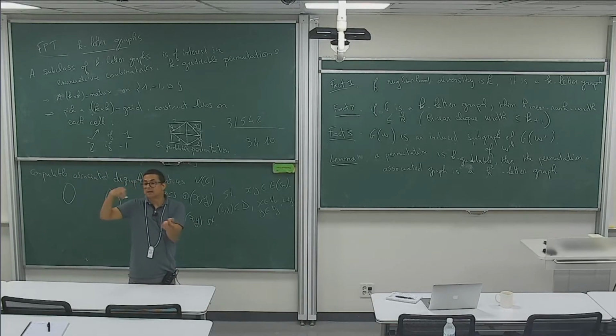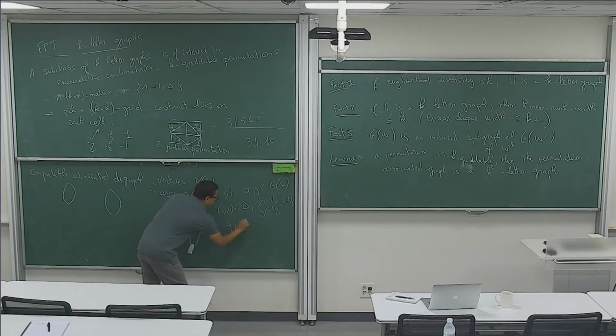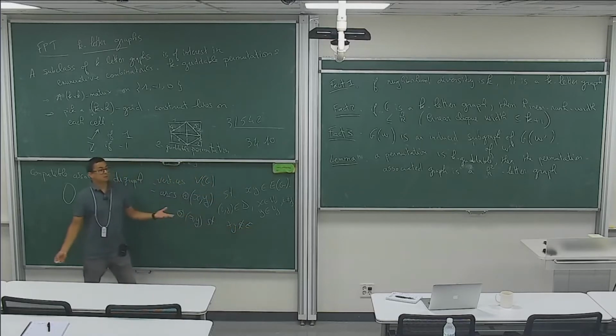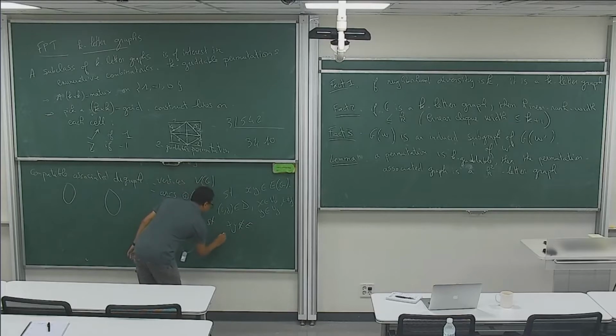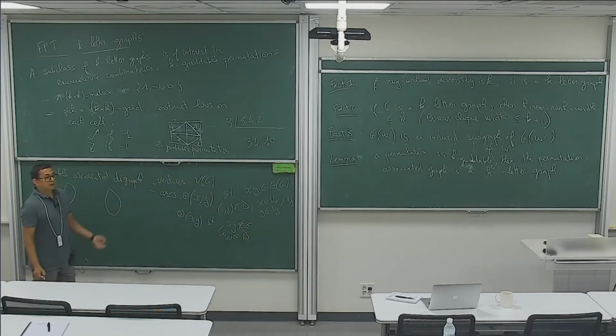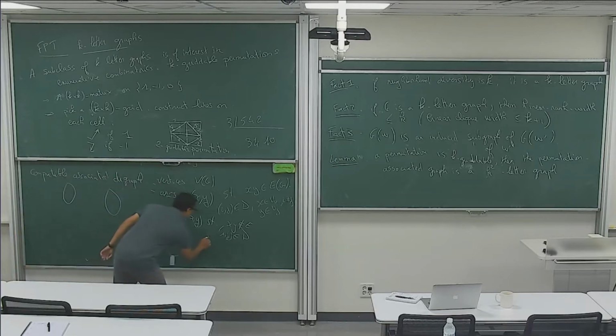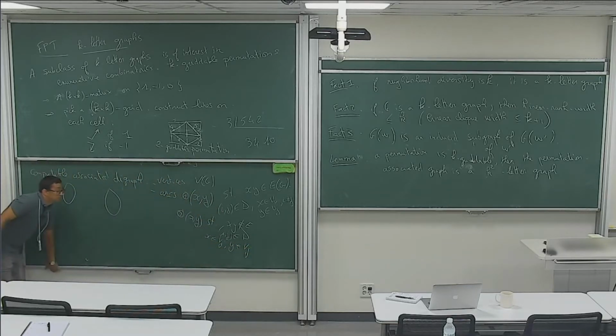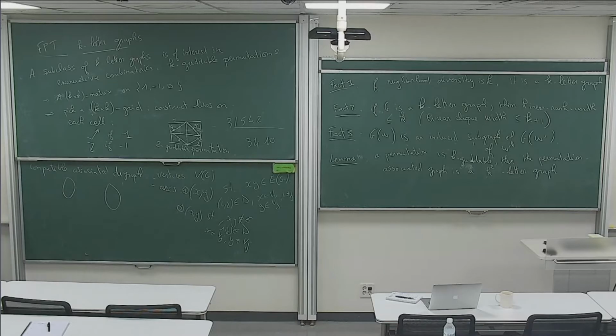Then I add the arc yx, so that xy is not an edge, ij is in D, and x is in Vj and y is in Vi. So this is the compatible graph we will construct.